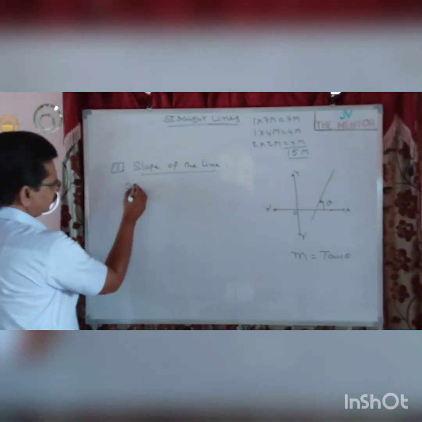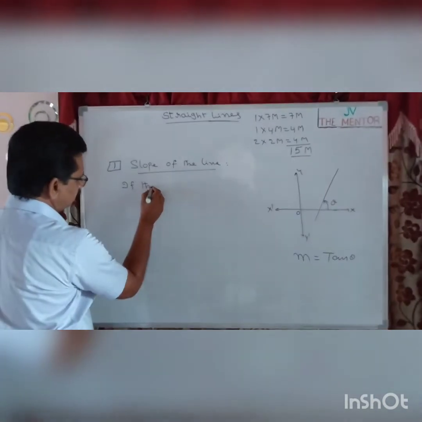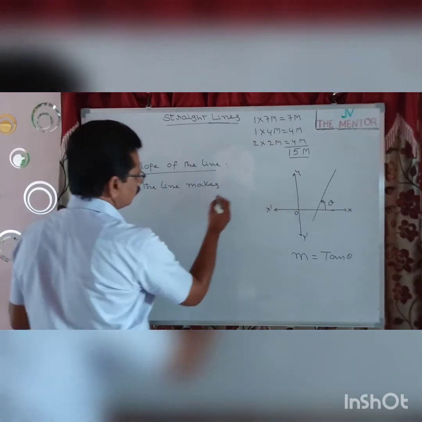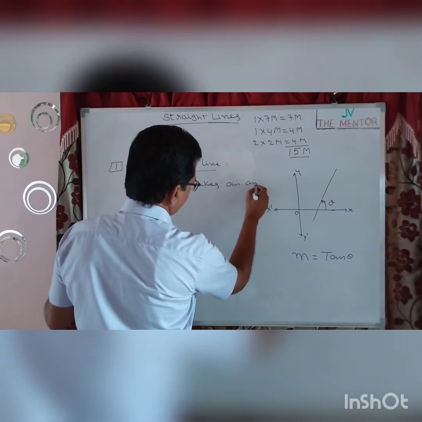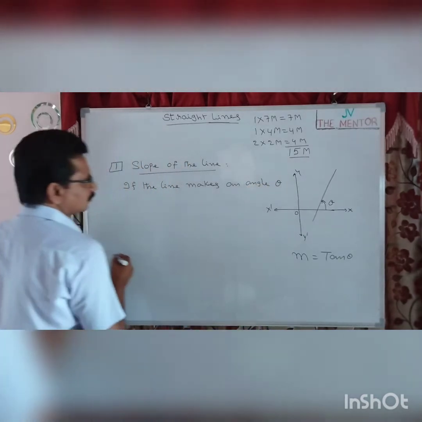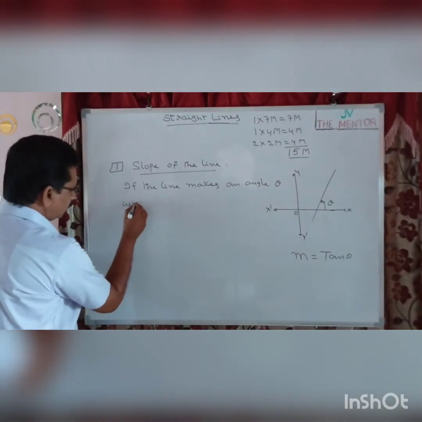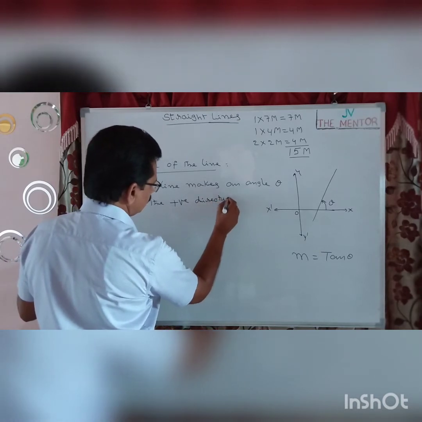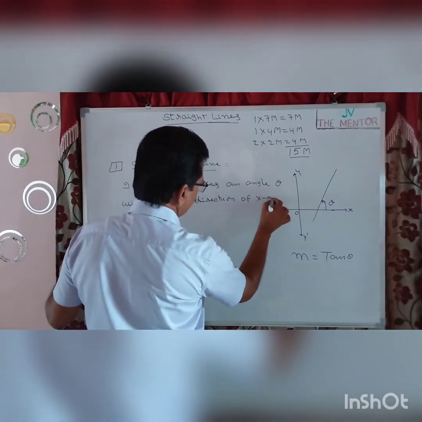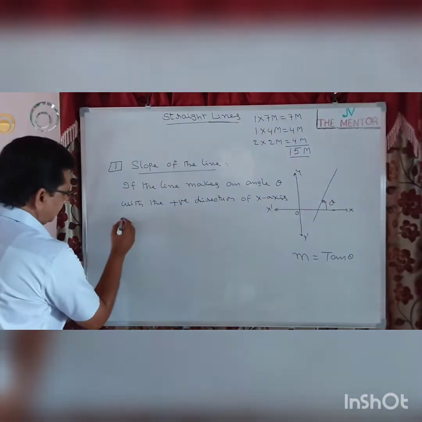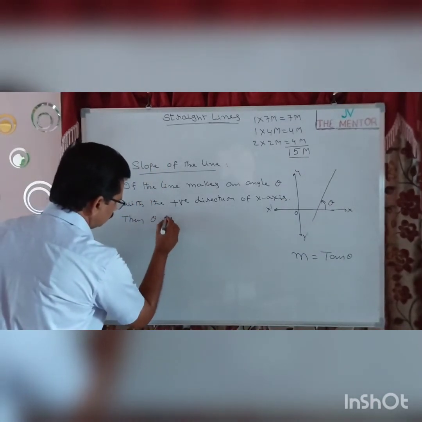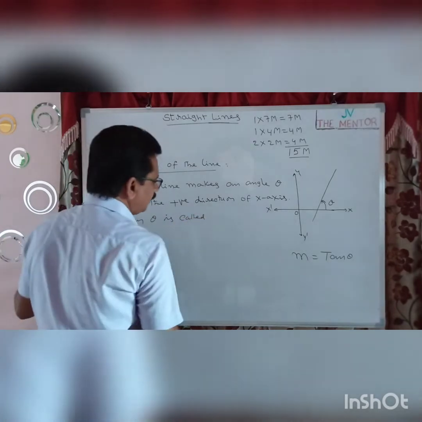If the line makes an angle theta with the positive direction of x axis, then theta is called inclination.